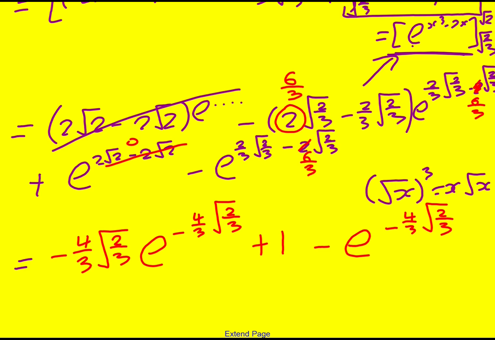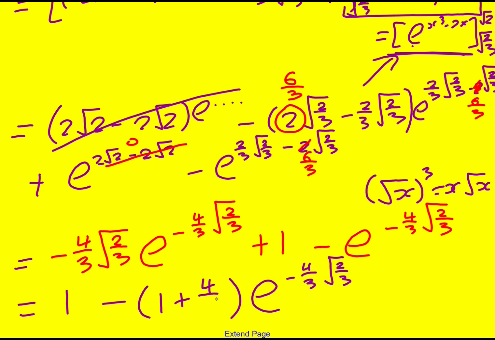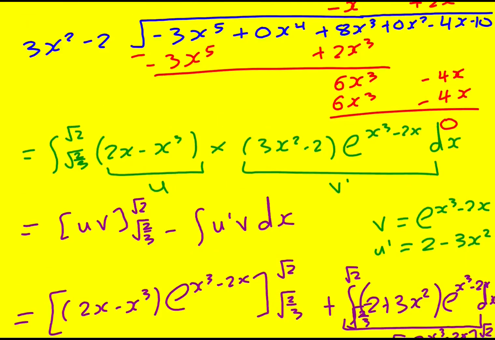We're nearly there. So this can be written as 1 minus, I can factorize out the e to the minus 4 over 3 root 2/3. And inside the bracket, I'm going to have 1 plus 4 over 3. And that is in the required form.